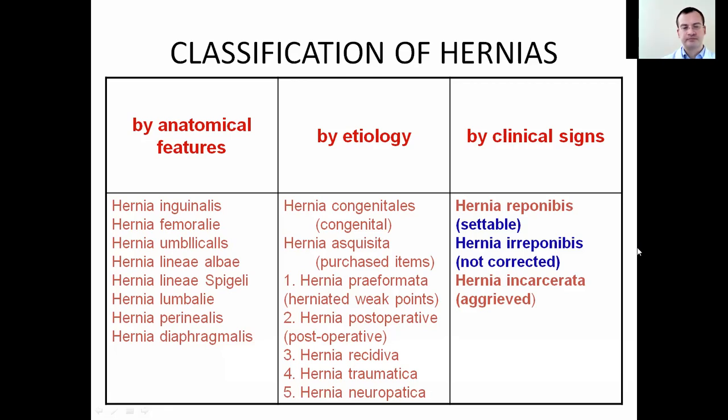By etiology: hernia congenitalis, acquisita, hernia preformed, or herniated weak points, hernia postoperativa, hernia recidiva, hernia traumatica, and hernia neuropathica.